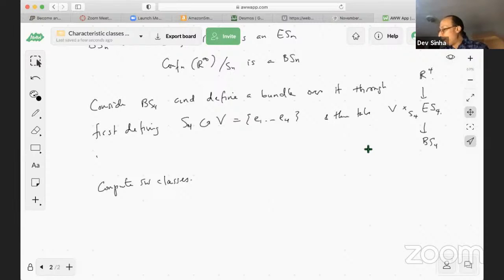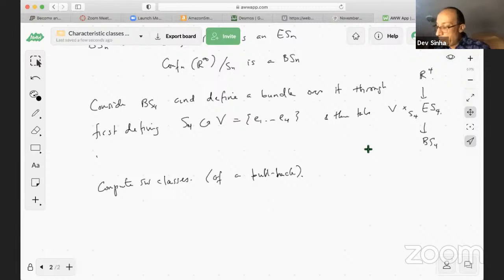So what do I mean by compute its Stiefel-Whitney classes? Well, of a pullback. If I've got some vector bundle over a space whose cohomology I don't understand, I could at least pull back the vector bundle somewhere whose cohomology I do understand and maybe compute there. And this could actually give us some information about the cohomology of the original space.